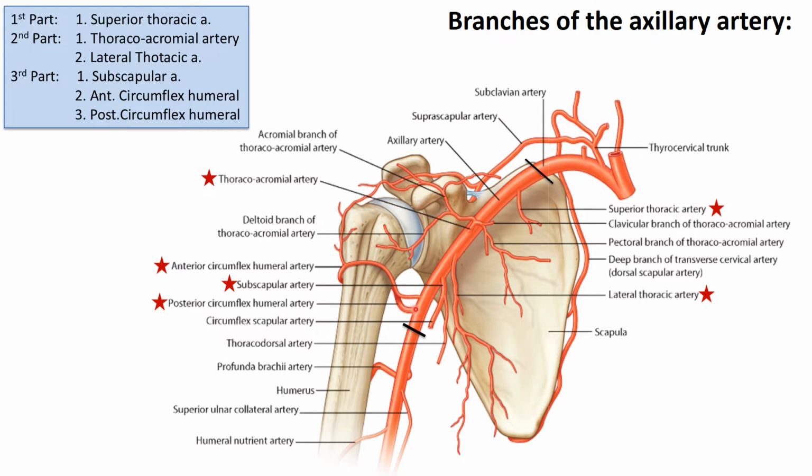Posterior circumflex humeral also, you see, goes to the posterior scapular region, and it leaves the axilla through the quadrangular space, right? The posterior circumflex humeral artery along with the axillary nerve. And then these two arteries, the anterior circumflex humeral and posterior circumflex humeral, go around the surgical neck of the humerus and anastomose with each other.